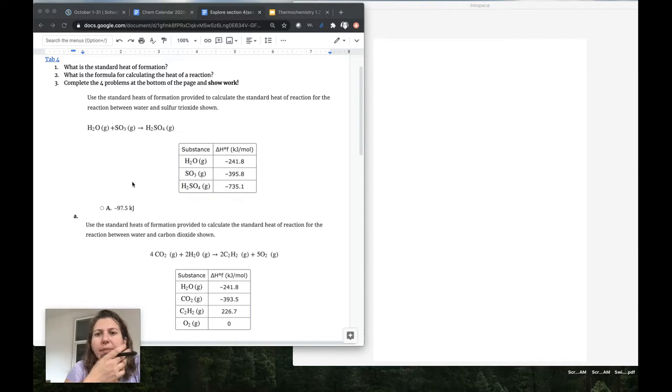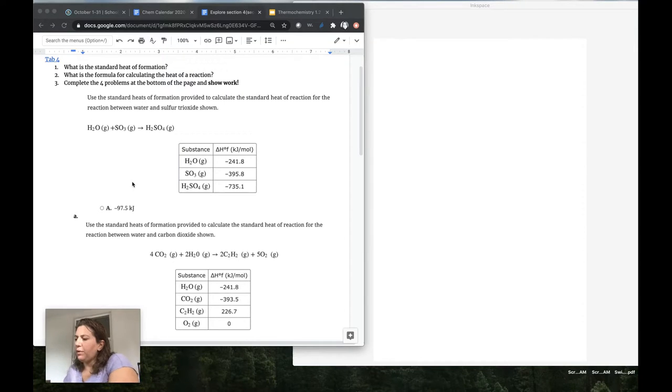We typically represent that with the letter H and a little circle up in the upper right hand corner, and I'll show you that in a minute. Number 2 says, what is the formula for calculating the heat of a reaction?